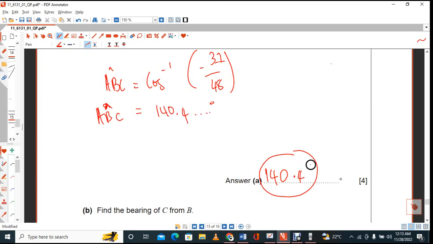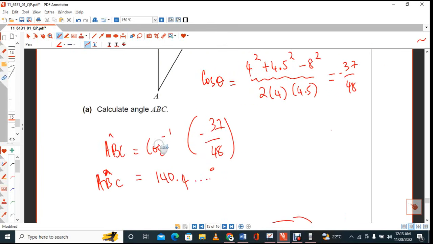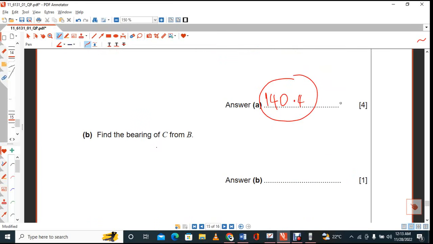Find the bearing of C from B. The bearing of C from B: we're looking for this particular angle here. You can see it's 180 minus our previous answer, because it's the angle on a straight line.